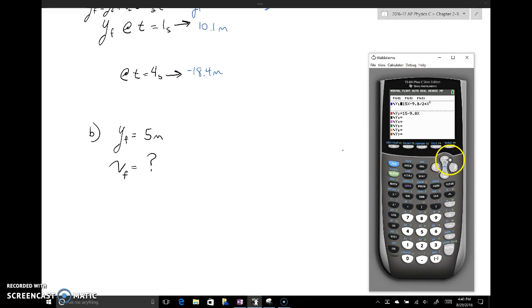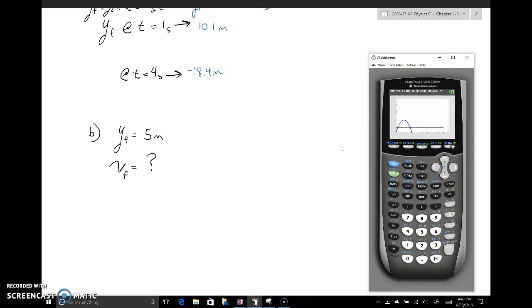Okay, so we're going to have this. We'll go into our graph. There we go. And actually, let's do this. So we're going to graph the position 5 meters.